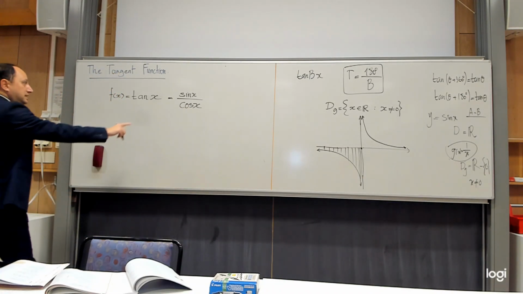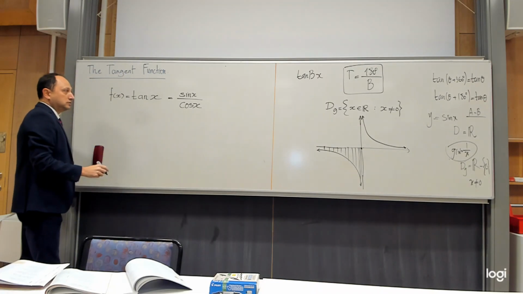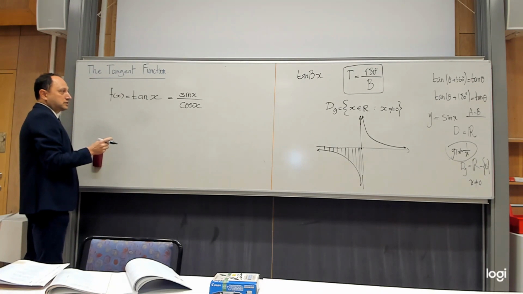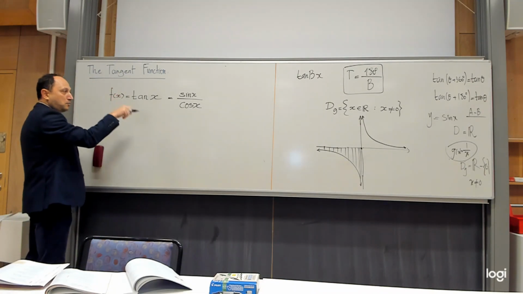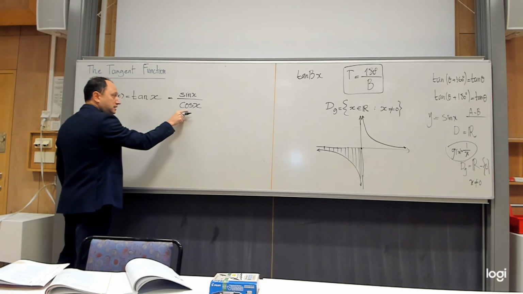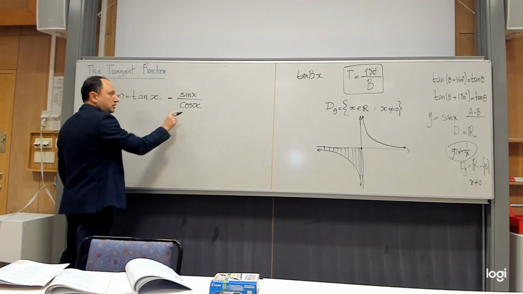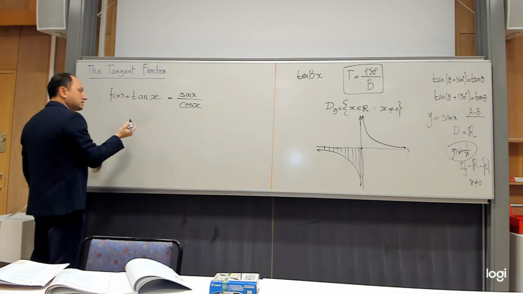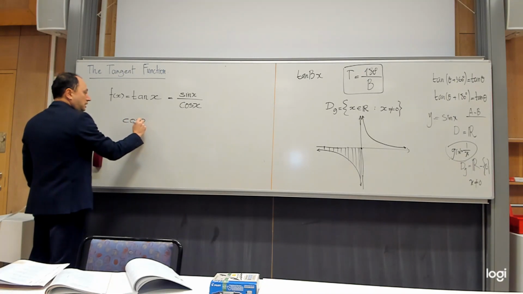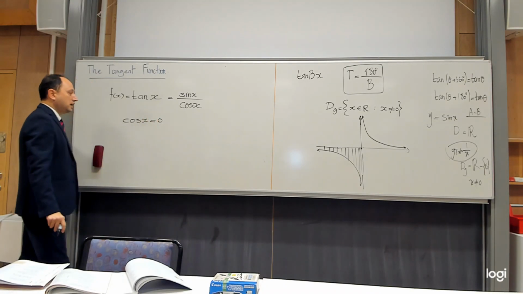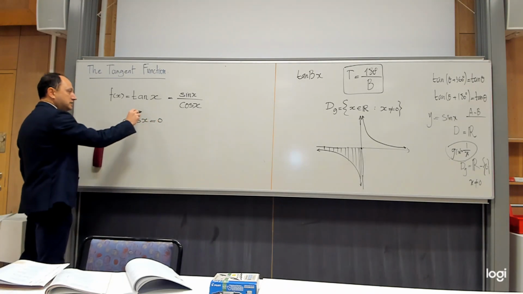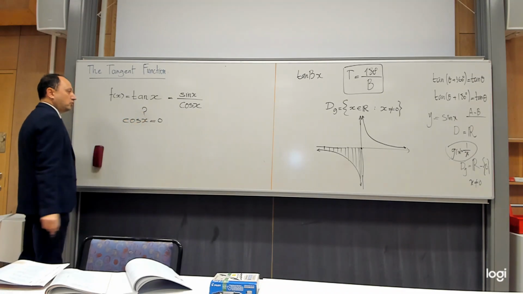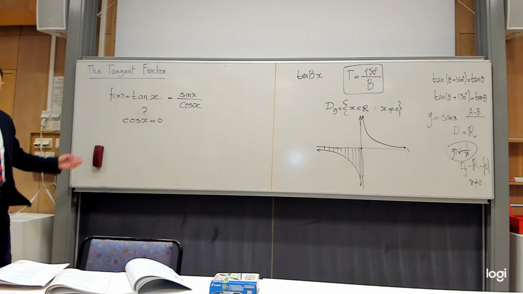So, if the denominator is 0, then I will have problems. So it means that those numbers that make the denominator equal to 0 are not in the domain of the tangent function. Yes? So if I want to understand those points, I put cosine x equal to 0 and ask myself, what are the problematic points here?